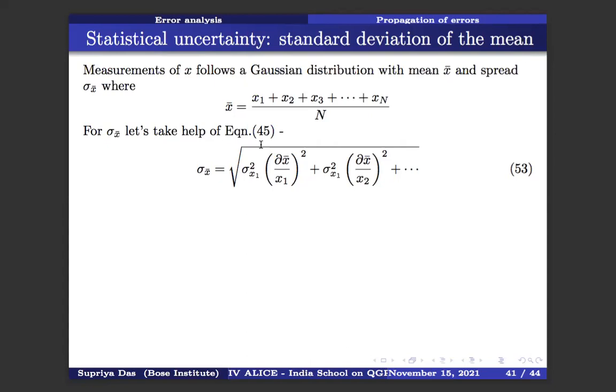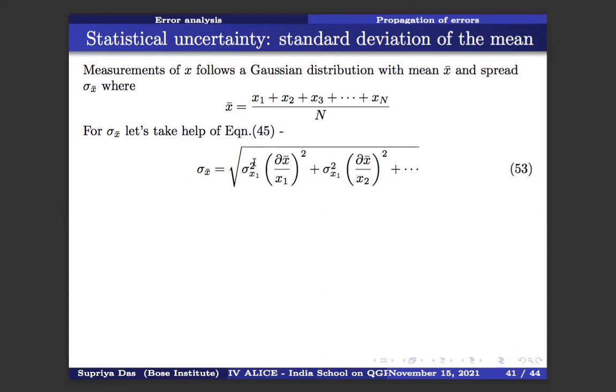Let us go back to the general error propagation formula. I have to check whether this equation number is right or wrong. But from the general error propagation formula, this is sigma of x bar. This is addition, right?